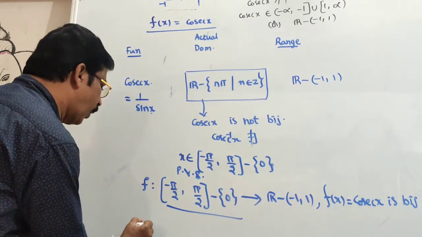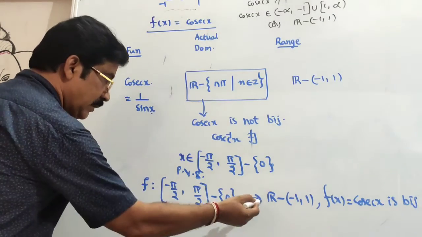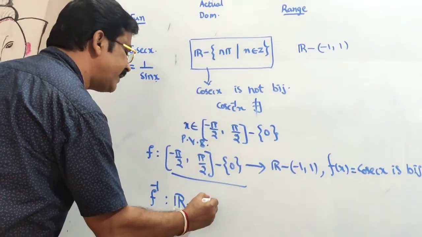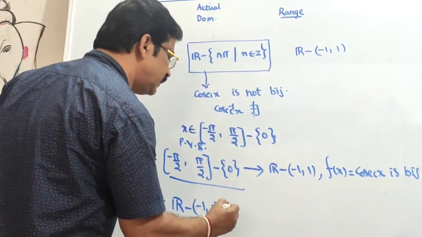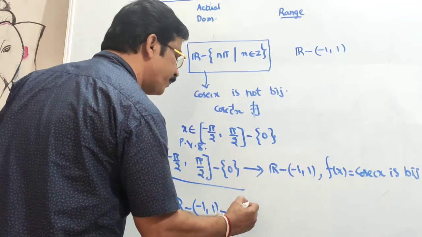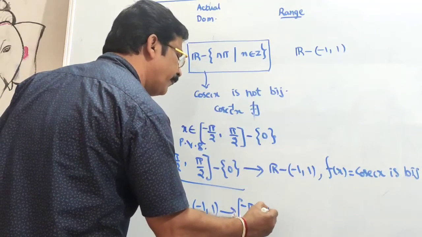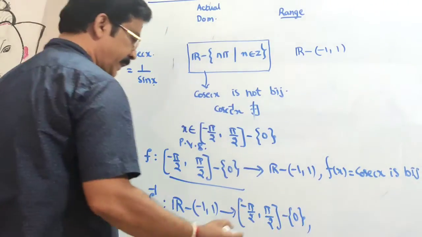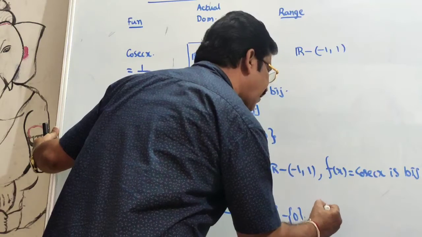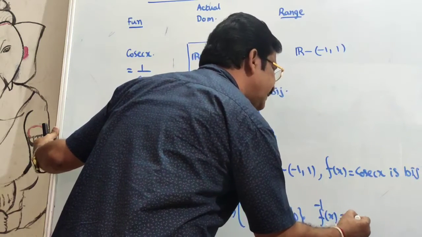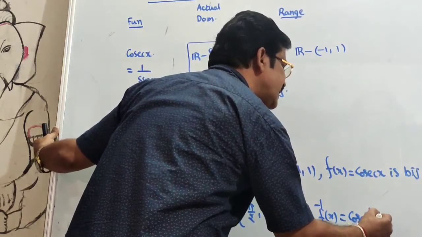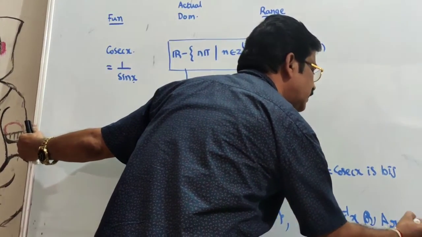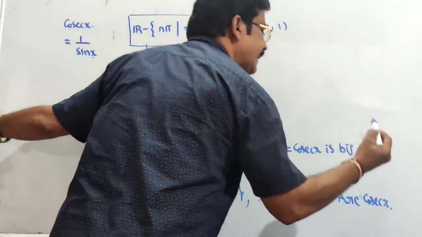So what is the range of f inverse? The domain becomes the range: R minus the open interval of minus 1, 1 maps to the closed interval of minus pi by 2 to plus pi by 2 except the element 0. F inverse of x is denoted by cosecant inverse x or arc cosecant x.